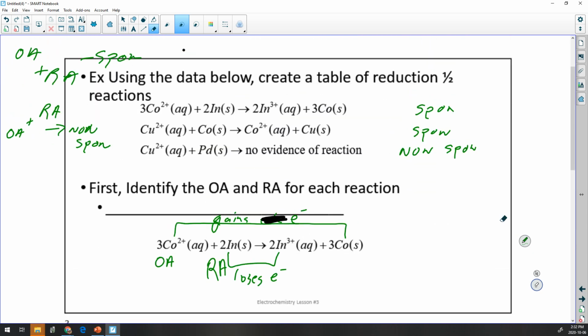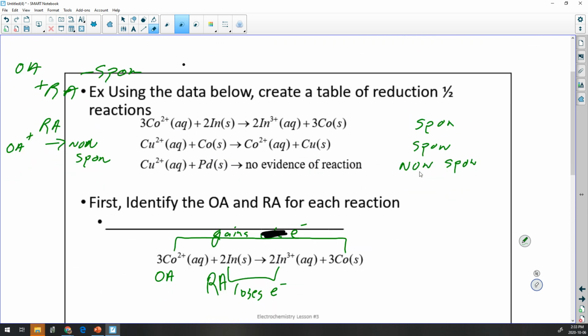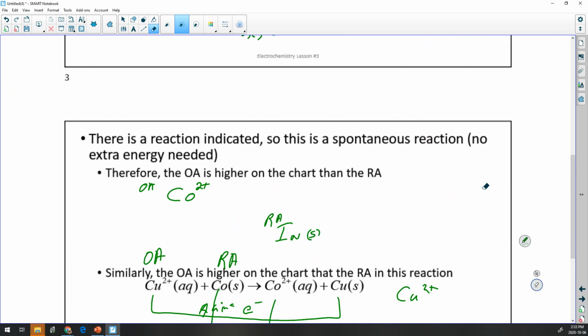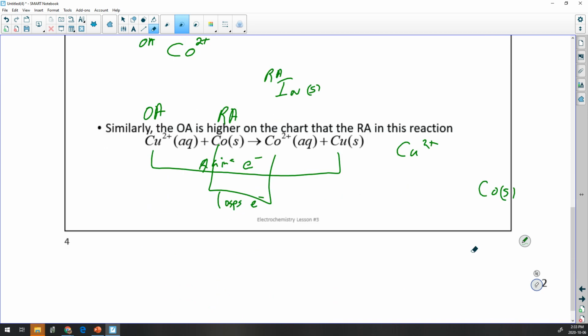We knew from this one that the cobalt 2 plus was above the indium. And we know from the second reaction that the copper 2 plus was above the cobalt.